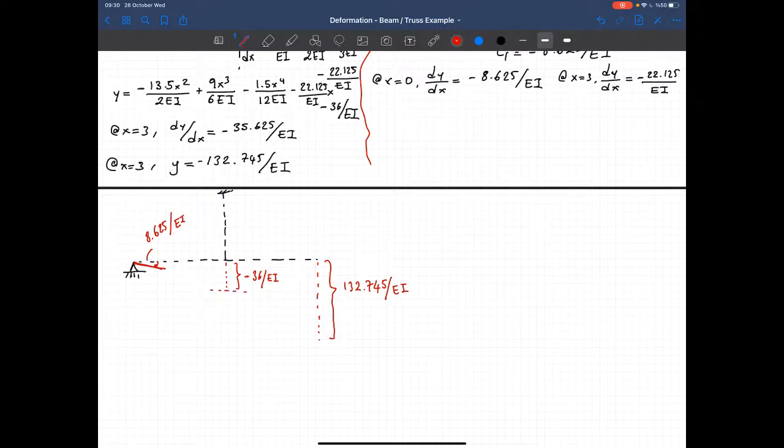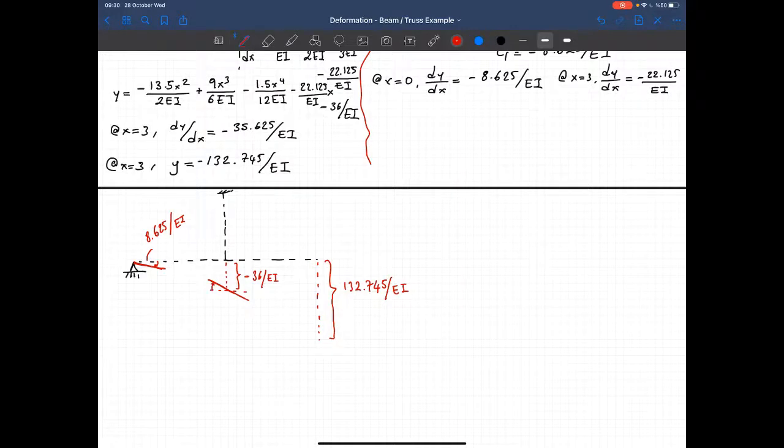Okay, now let's plot the rotations. The rotation at this end, where we have the truss member, is calculated as minus 22.125 over EI. Again, it's in the clockwise direction, so I just exaggerated it a little bit. And I should have the same rotation at both sides of the member.